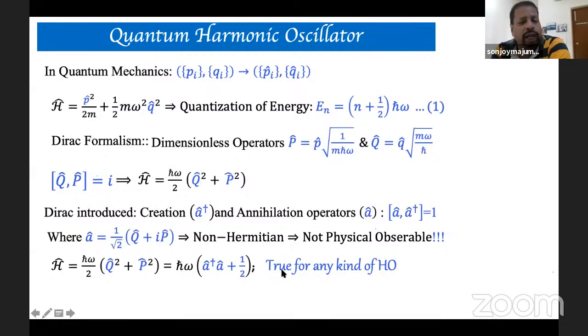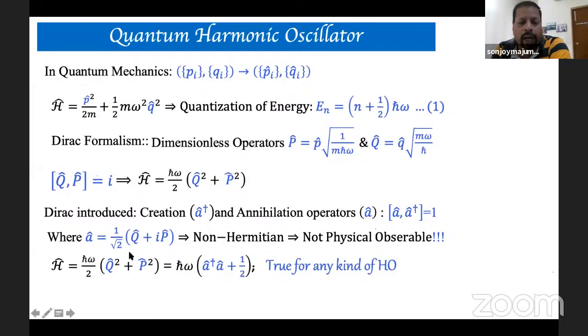And this is true for any kind of harmonic oscillator. So you are able to write the Hamiltonian operator in terms of the creation and annihilation operators, which we will see how they work in the next slide.